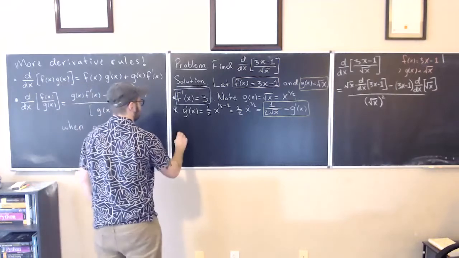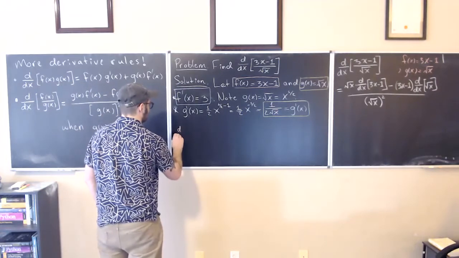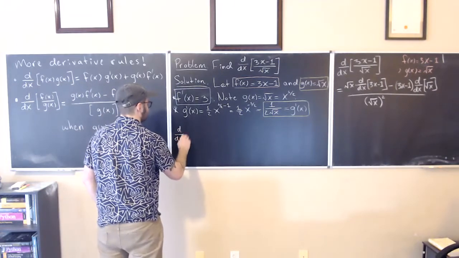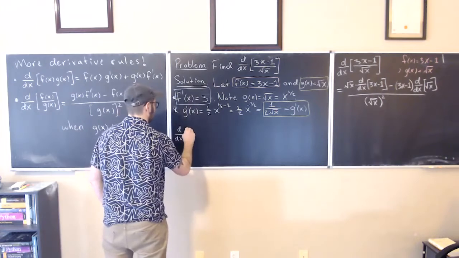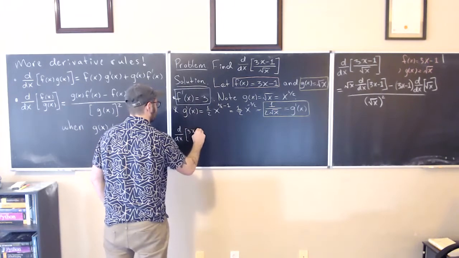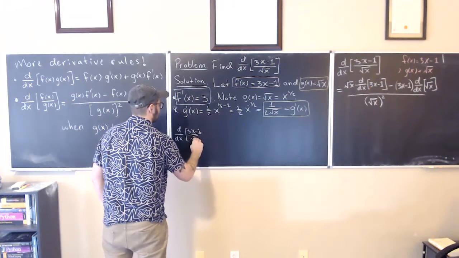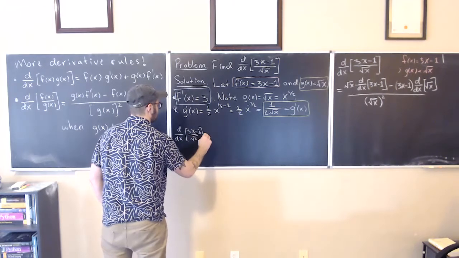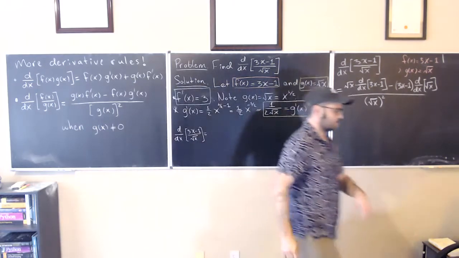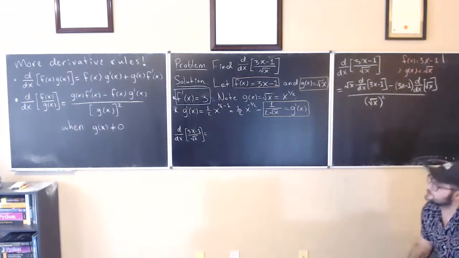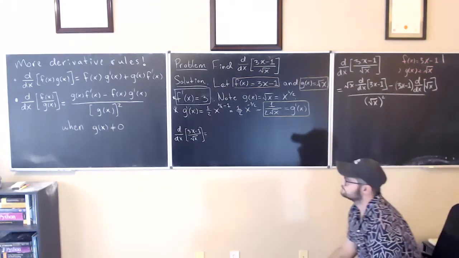So then the derivative with respect to x of 3x minus 1 over root x, I can just plug those pieces into the quotient rule.